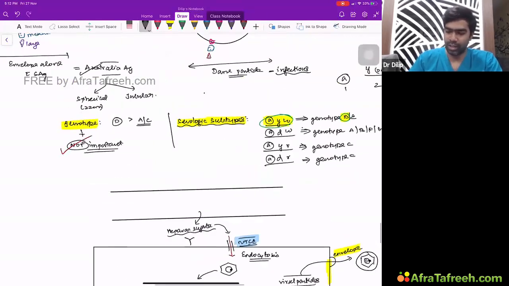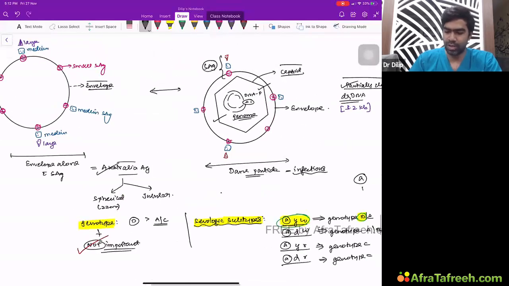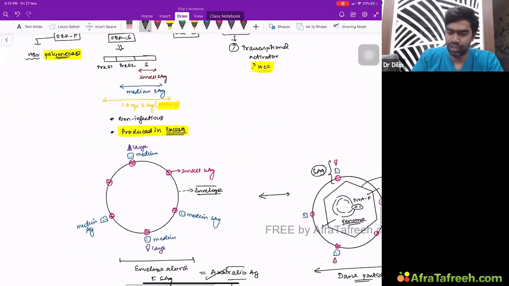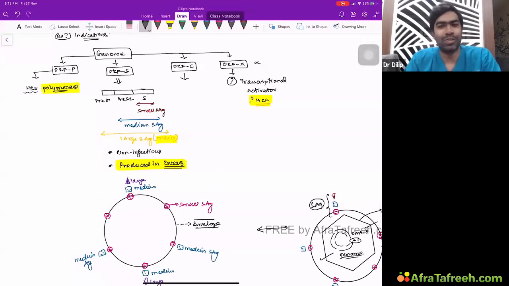But more importantly, I think nobody has told me that we have not discussed this ORFC at all. So we have something called the ORFC, which we have not yet discussed, which has two components. One is called the pre-C region, and the second one is the C gene.